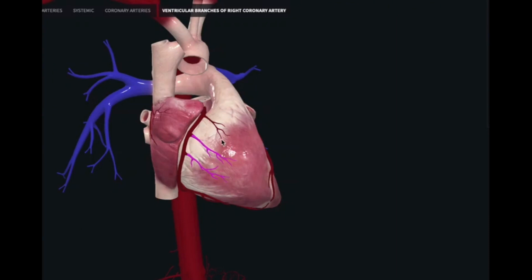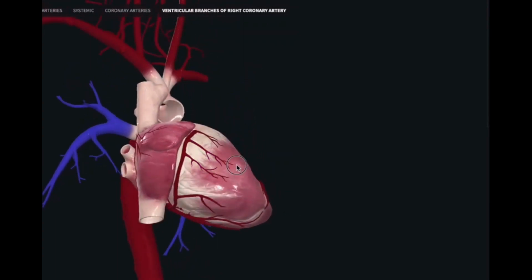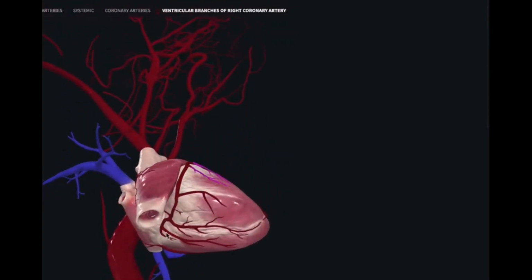This is the top part of the right ventricle, and this is the apex or going towards it, and this is the middle part, and finally this is the inferior part. So then we have the right marginal branch of the right coronary artery, and then we have the inferior intraventricular branch of the right coronary artery, and finally we finish off with the right posterolateral branch of the right coronary artery.